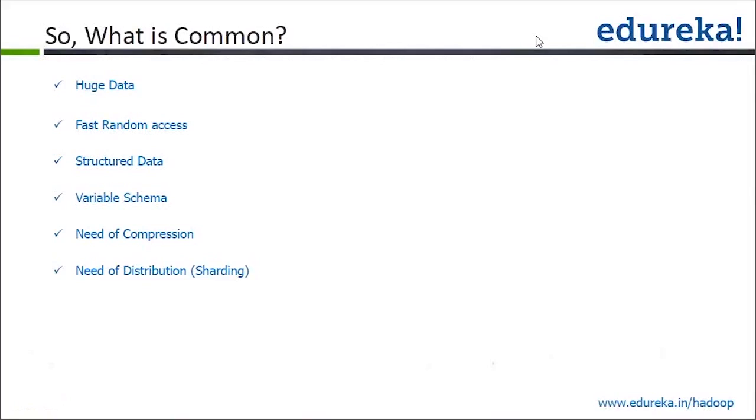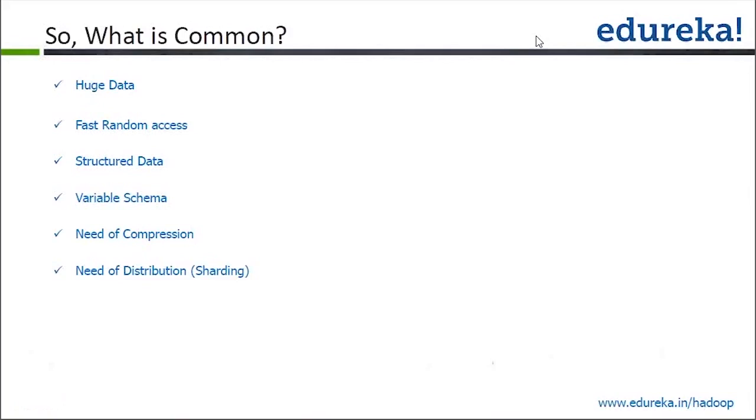And the last thing is, since you are dealing with a huge data or big data problem, all this data cannot be stored on a single machine. So you have to distribute this data across multiple machines. With the NoSQL or HBase architecture, it follows a master and slave architecture, and your data will automatically be distributed across multiple machines.